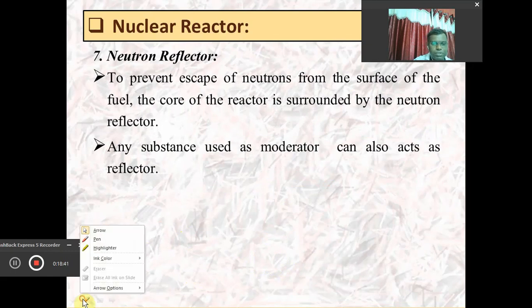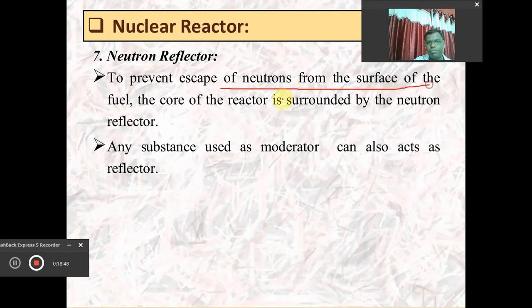What is the purpose of this neutron reflector? In order to prevent the escape of neutrons from the surface of the nuclear fuel, the core of the nuclear reactor is surrounded by a particular layer of substance, and that substance works as a reflector.